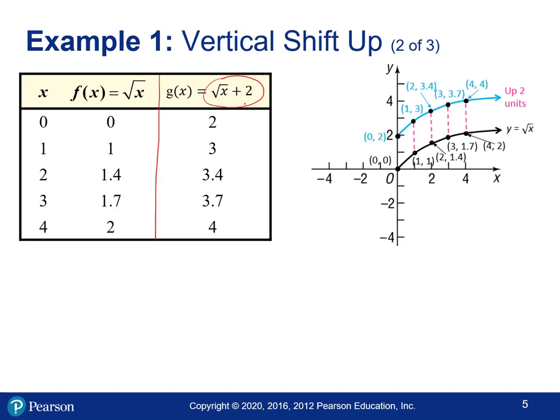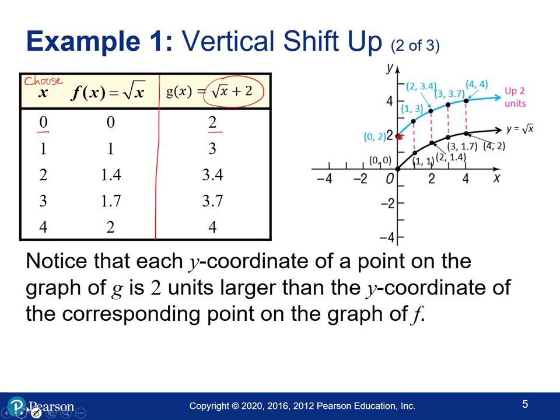But let's say you don't recognize that. You can always just plug in points. So remember, when in doubt, you can always just choose numbers for x, plug them in, and you'll get out y numbers, and you can plot them. So for example, if you plug in 0, square root of 0 and then plus 2 is 2, and you would plot that point. And you can do that for all of these x values that you want. Plot the points, and you'll have enough points to be able to draw the graph.